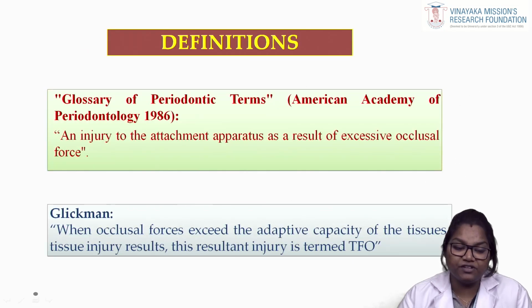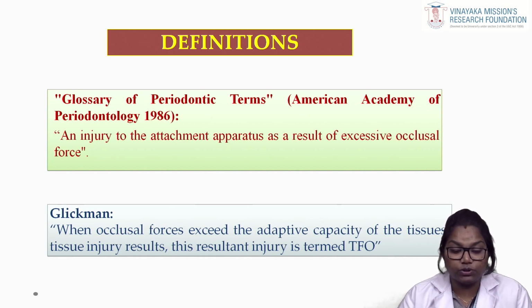So moving on to the definitions of trauma from occlusion. According to the glossary of periodontic terms, it is an injury to the attachment apparatus as a result of excessive occlusal force. According to Glickman, when occlusal forces exceed the adaptive capacity of the tissues, tissue injury results.